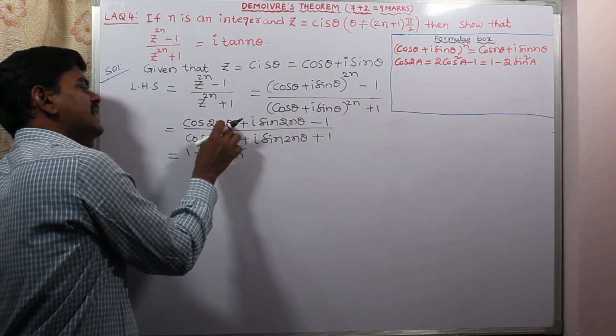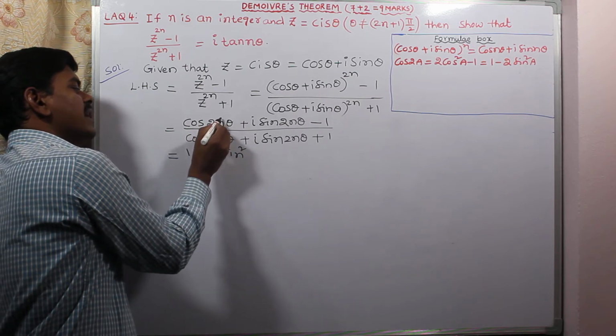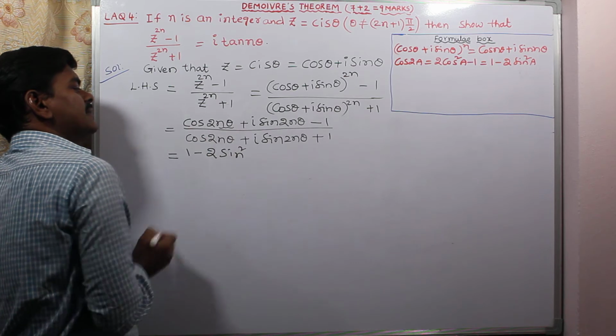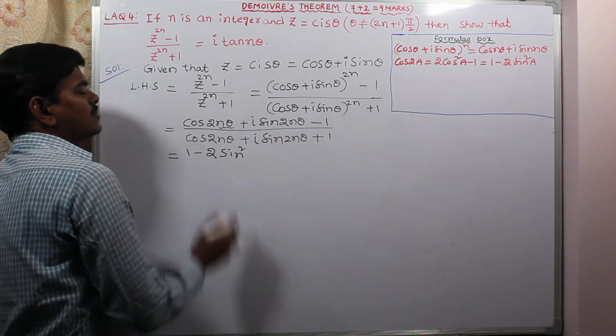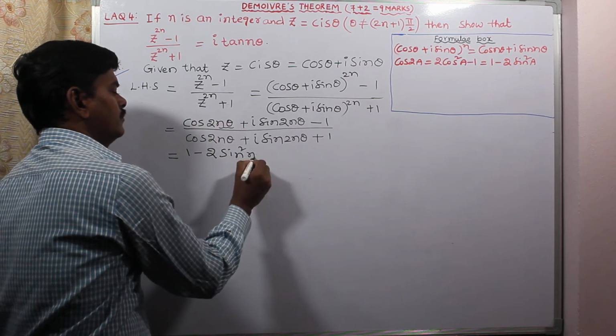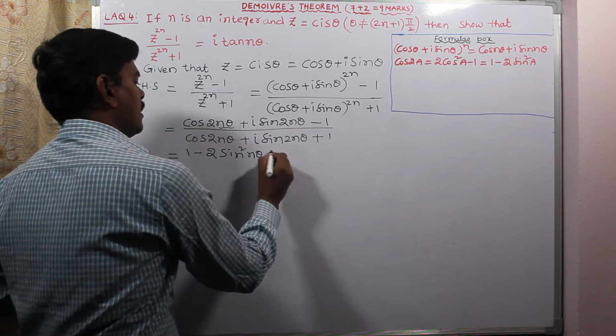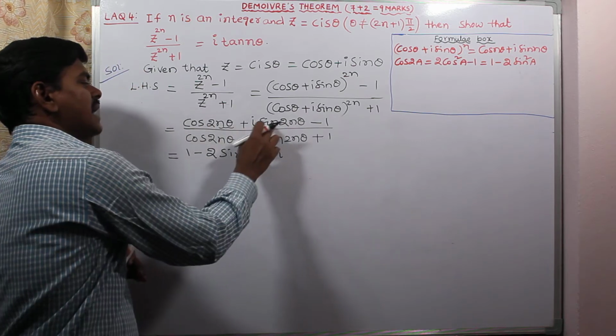What is a here? n theta. So cos 2n theta becomes 1 minus 2 sin square n theta, plus iota into sin 2a.